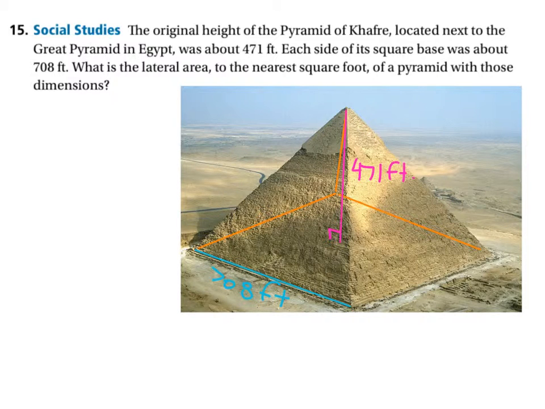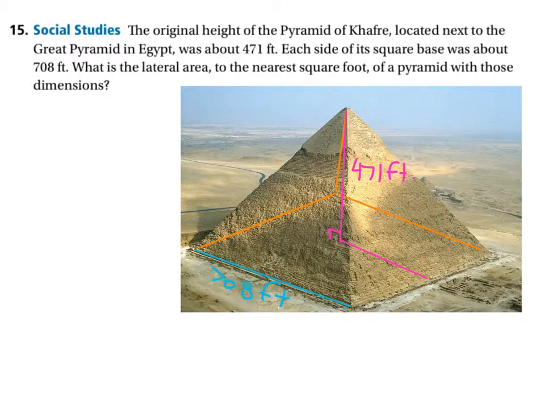Okay, what is the lateral area? Well, when we're finding the lateral area, we need the perimeter, which we can find easily by 708 times 4, because there's 4 sides. But what we really want to do is form this right triangle here, which I'm going to draw another length out here from that point right there, okay?